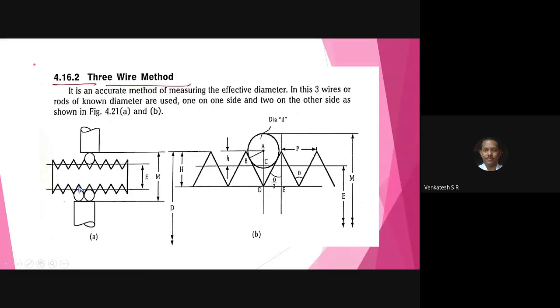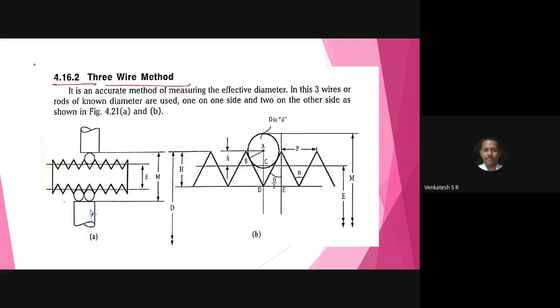First, draw the thread profile like this and show the two wires at the bottom and a single wire on the top. These wires are available in the form of anvils, which you can fix on the anvil of the micrometer.